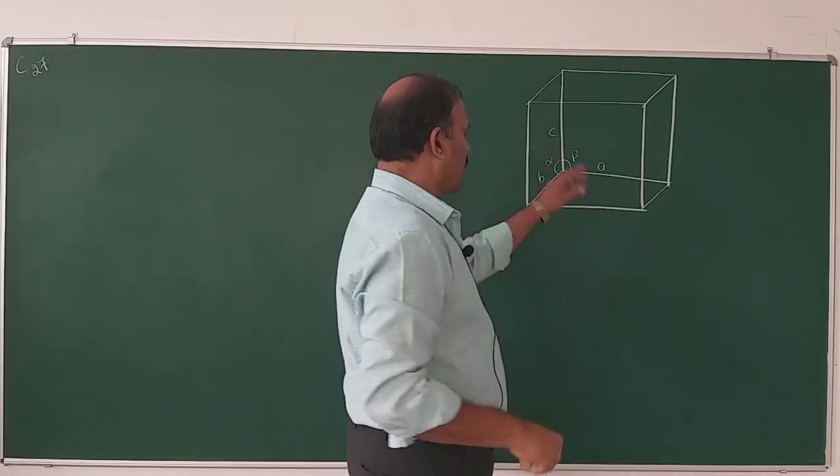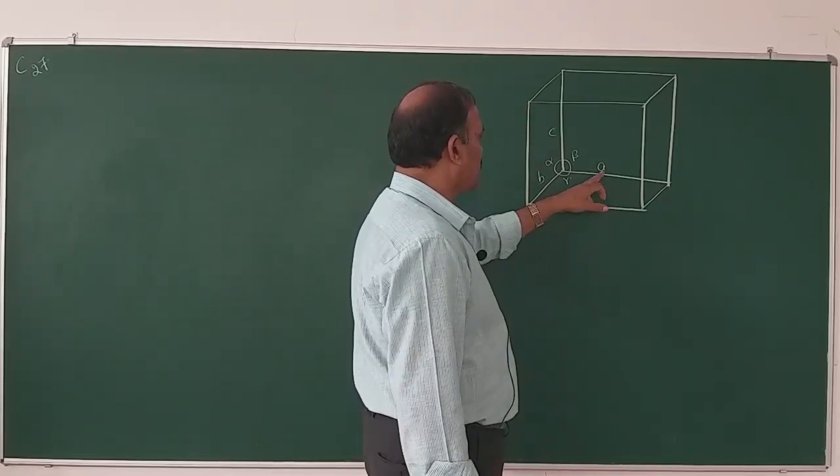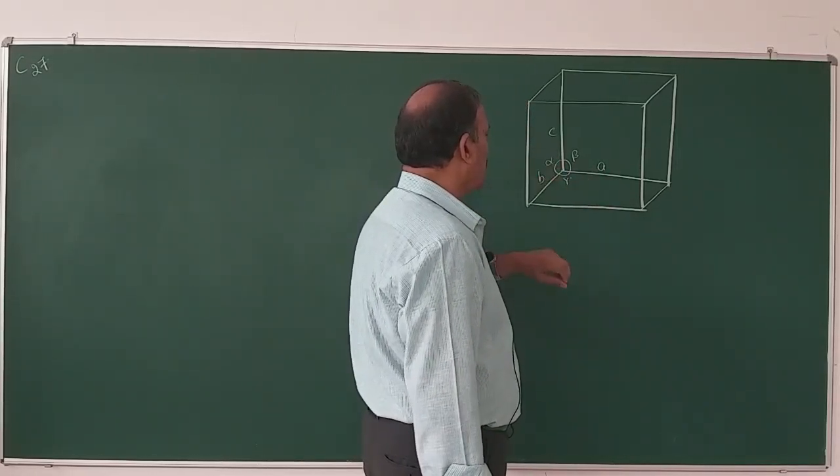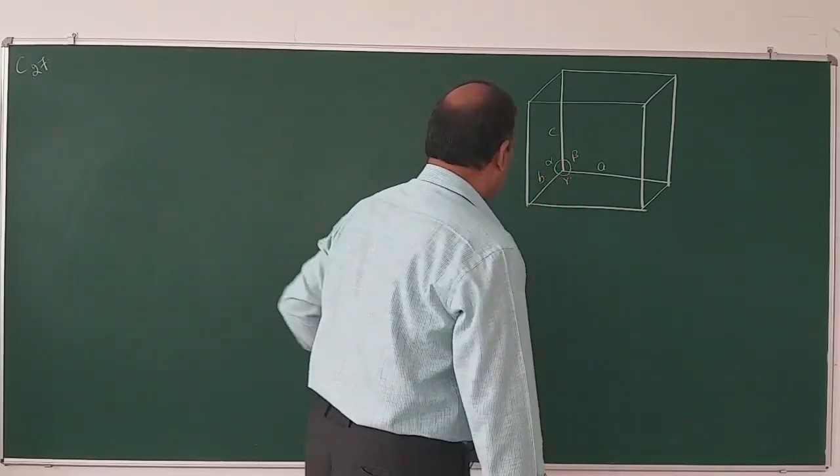So, the parameters of a unit cell are axial distances A, B, C, and axial angles alpha, beta, and gamma.